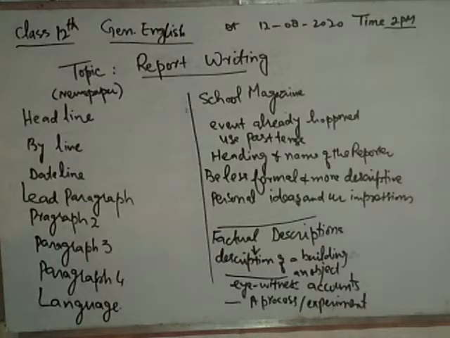Sometimes it could be a description of an object. You have to describe the object in detail. Yes, it could be eyewitness accounts, and it could be describing a process or an experiment.